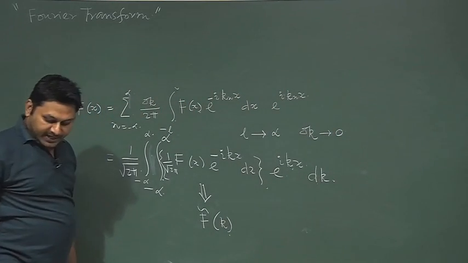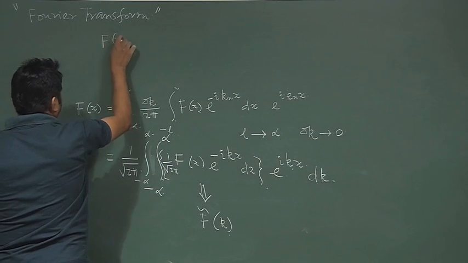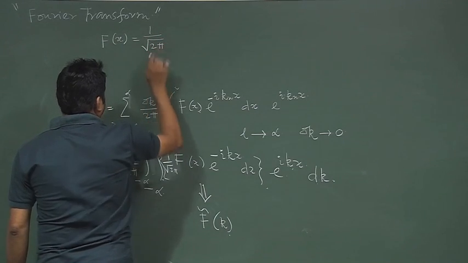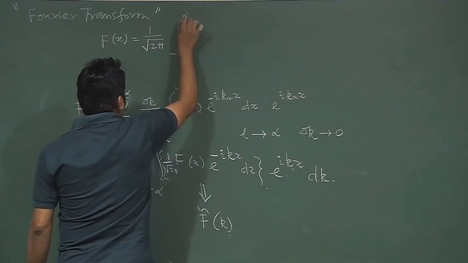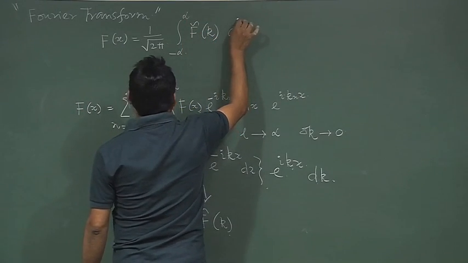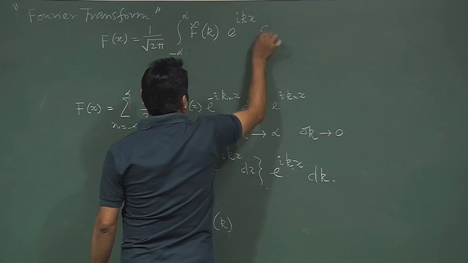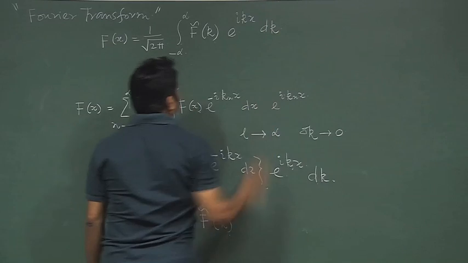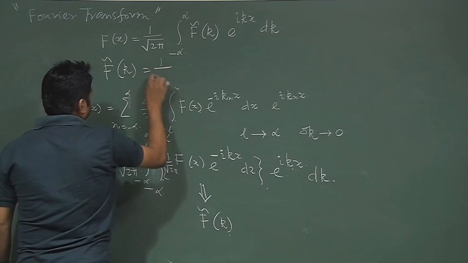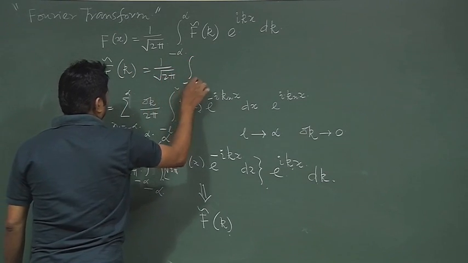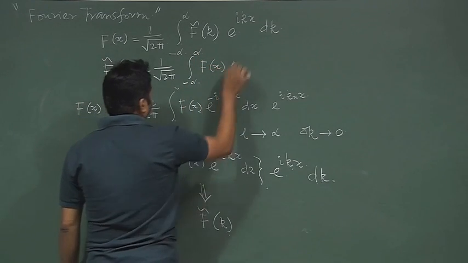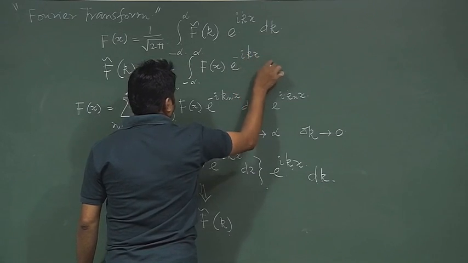Let me write finally what I am getting. I am getting f of x is equal to 1 by root over 2 pi, integration minus infinity to infinity f tilde k e to the power of i kx dk, where f tilde of k is 1 by root over 2 pi, minus infinity to infinity f of x, by definition e to the power of minus i kx dx.